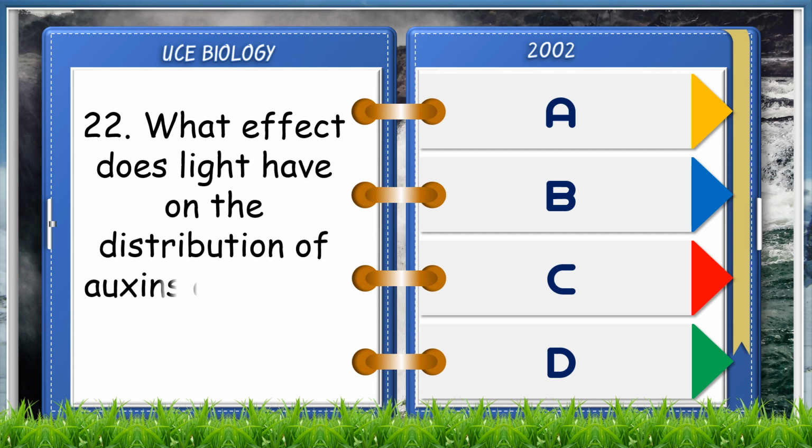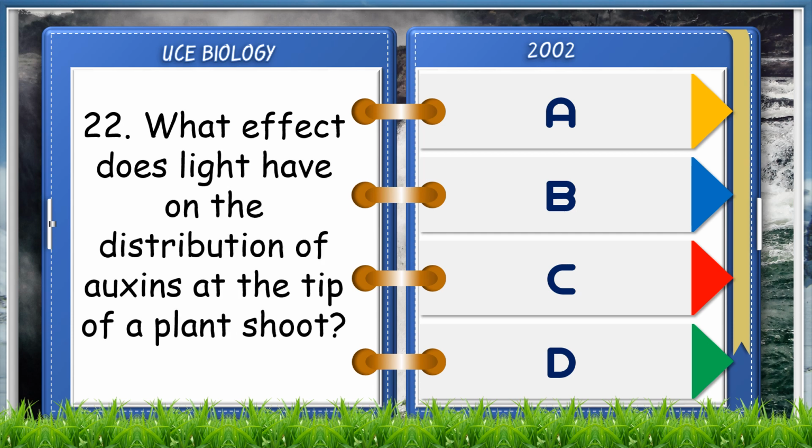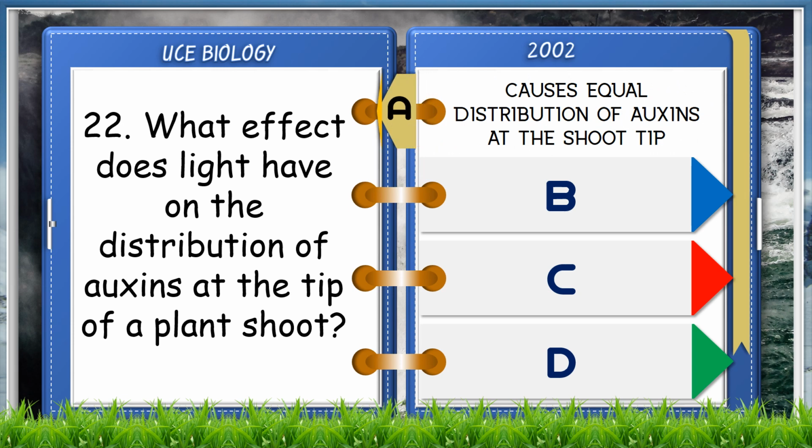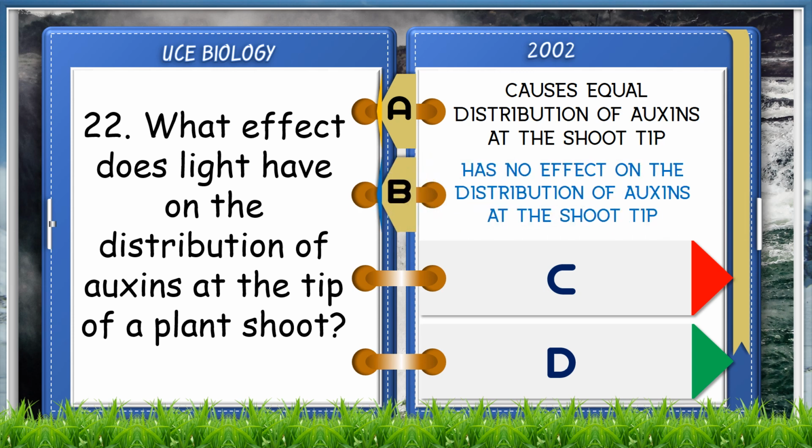What effect does light have on the distribution of auxins at the tip of a plant root shoot? A. Causes equal distribution of auxins at the shoot tip. B. Has no effect on the distribution of auxins at the shoot tip.